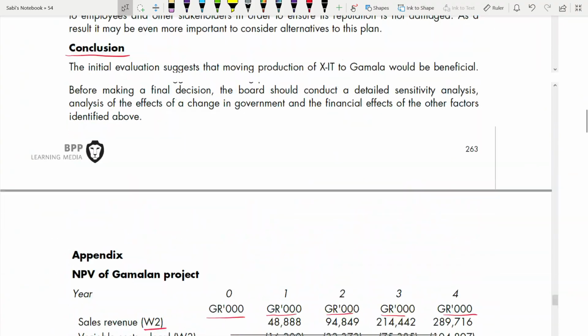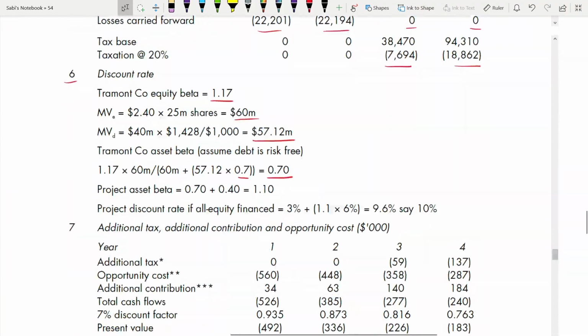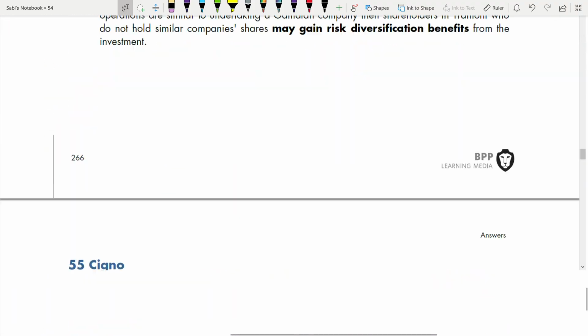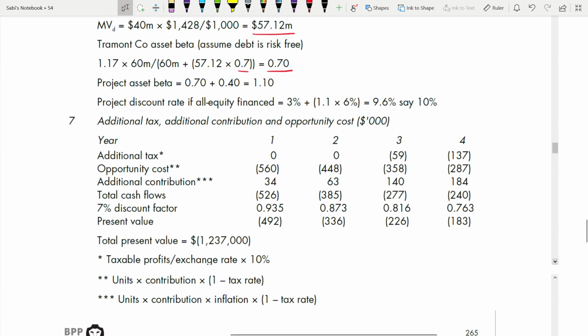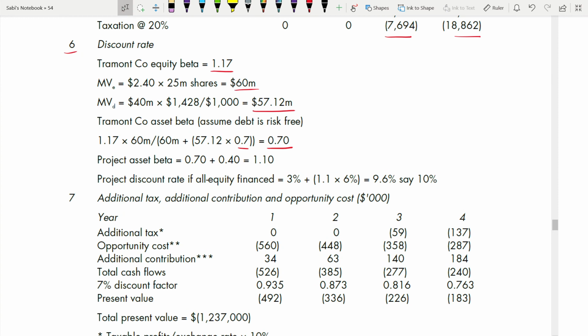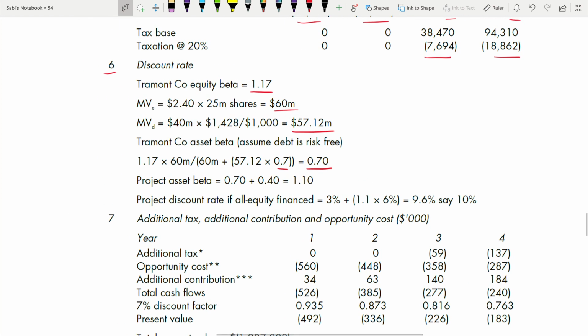So you have to add 0.4 with that to get the project's asset beta. So we are coming to that. 0.4 plus that 0.7, what you got? This is the asset beta.